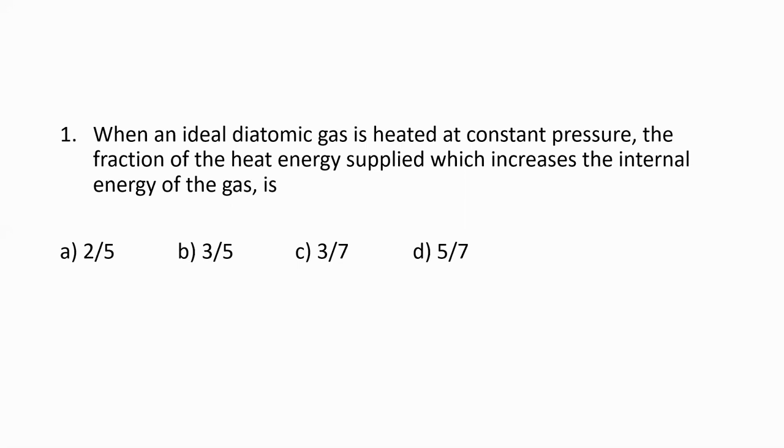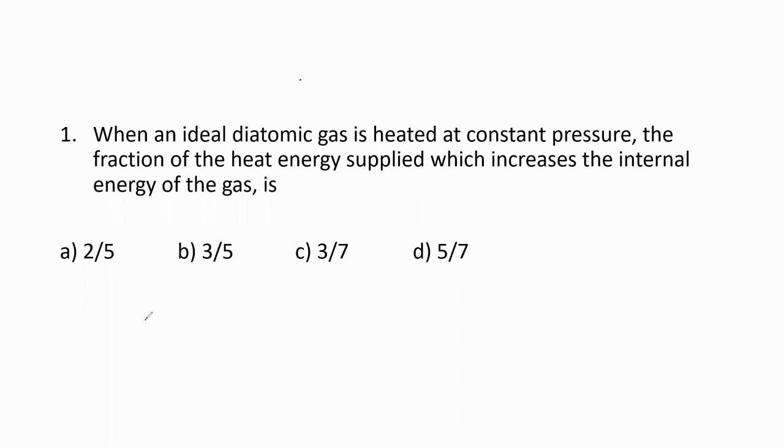See here, they have given an ideal diatomic gas which is heated at a constant pressure. The fraction of the heat energy supplied which increases the internal energy of the gas is.